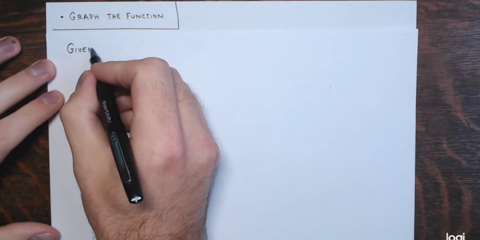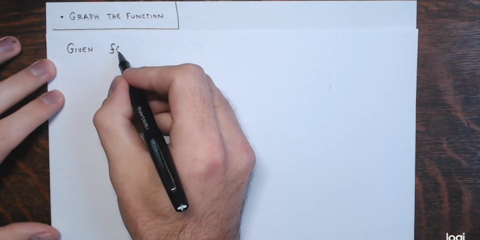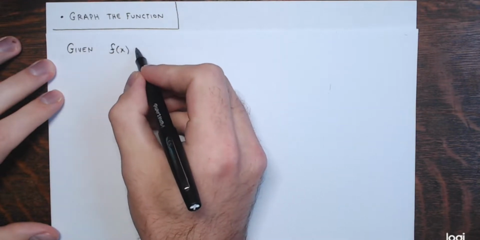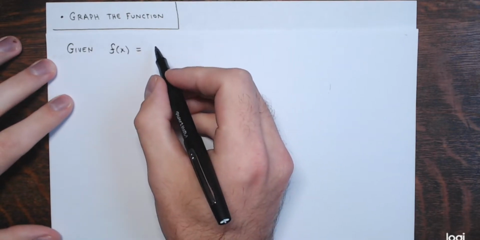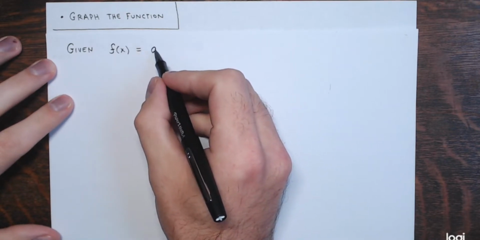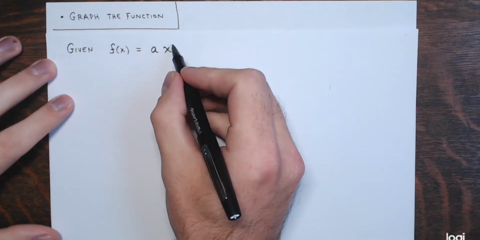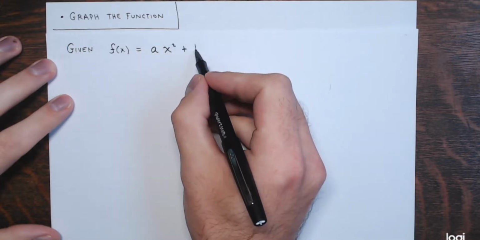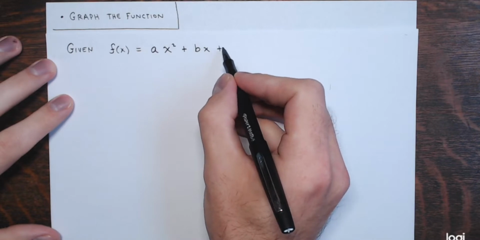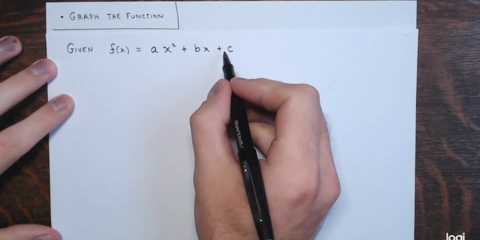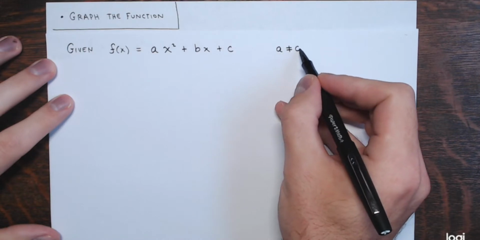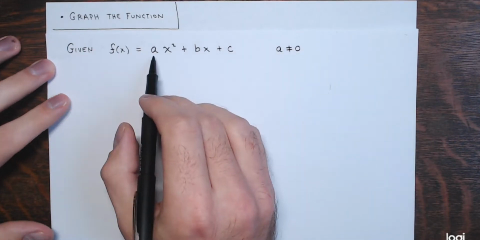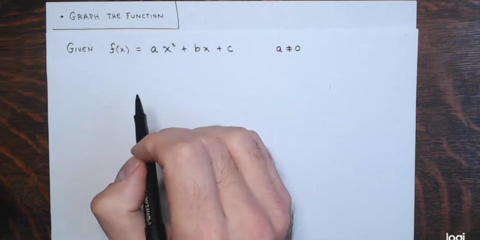So given f of x or g of x or y equals a standard quadratic polynomial, a times x squared plus b times x plus c, where a, b, and c are real numbers, and of course a is not 0, because if a were 0 it would be a linear function and not a quadratic function.